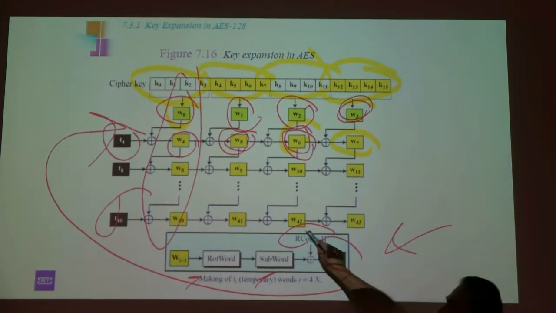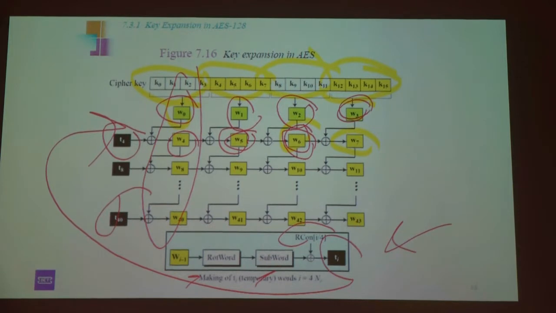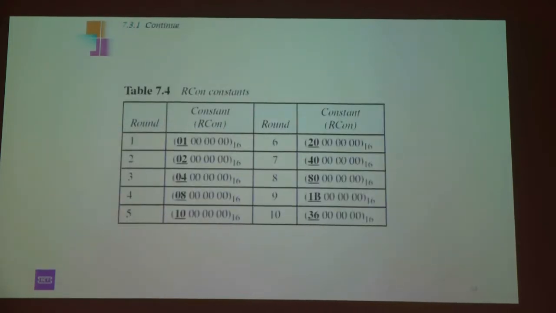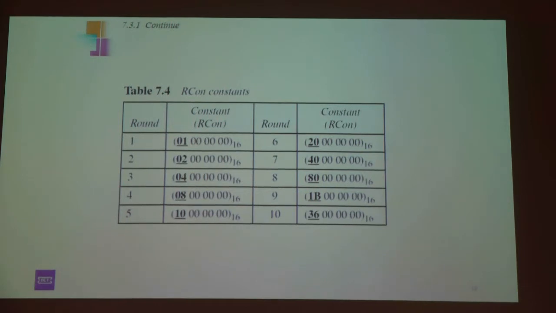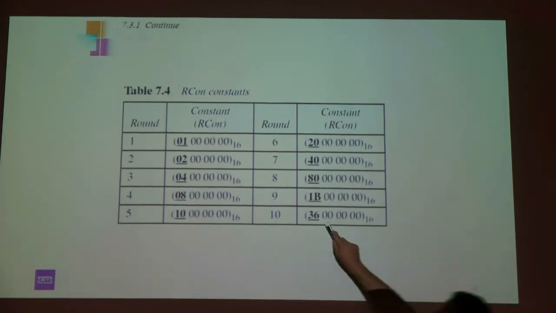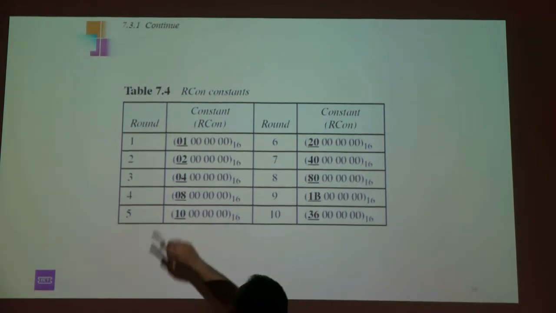I think only this, right? That's the only thing missing that we have to find out. So basically the value of this comes from this table, so it depends on the round. If you notice, it's all zeros except the first two hexadecimal digits.